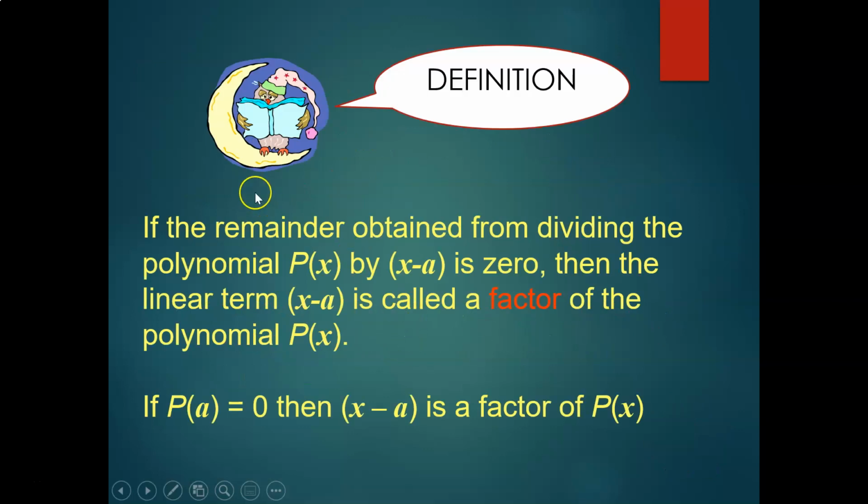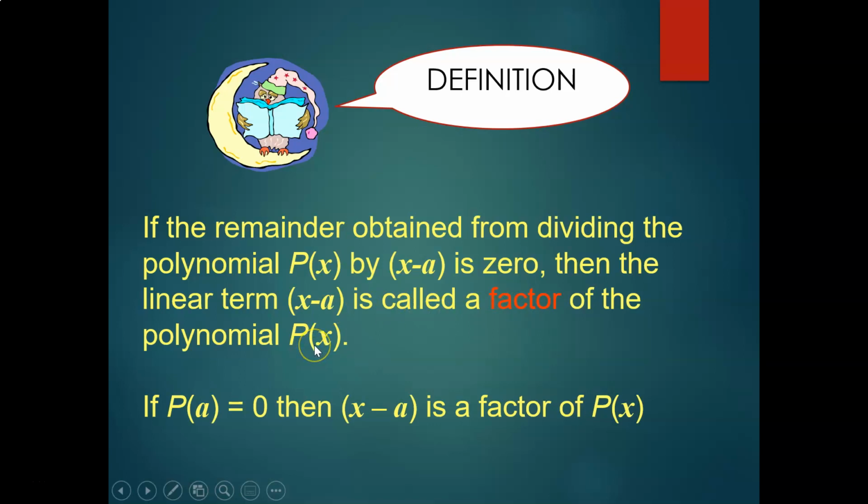Okay, definition. If the remainder obtained from dividing the polynomial p(x) by x minus a is 0, okay, again, dia kata kalau remainder yang kamu obtain setelah bahagikan polynomial tu dengan x minus a is 0, remainder dia, baki dia 0, then the linear term x minus a is called a factor of the polynomial.